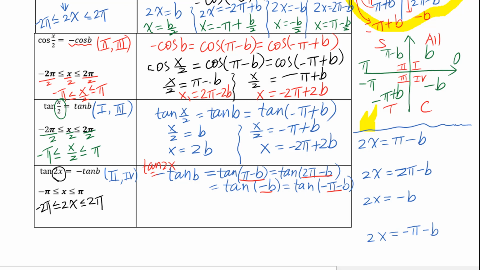Then we divide by 2. You will get x1 equals pi over 2 minus b over 2. For x2 equals pi minus b over 2. For x3 equals negative b over 2. x4 equals negative pi over 2 minus b over 2.